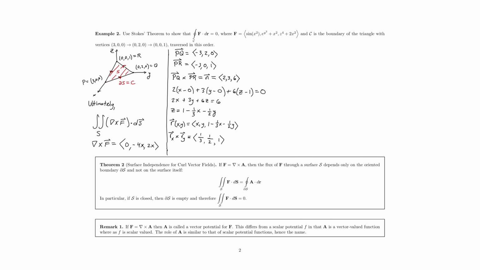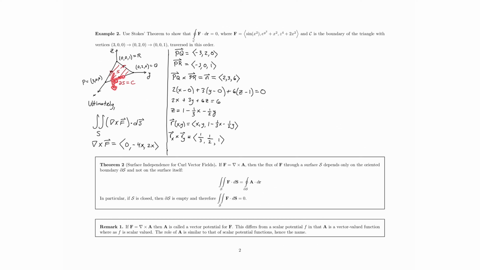So if we think about moving to the right and moving down, if we start by outward crossed with the assigned orientation, this would produce a normal vector pointing kind of up like that, or out of the screen. Depends on your perspective here, but we're crossing like this.